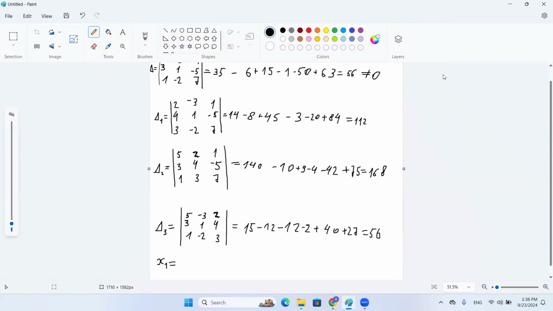So do you see all determinant values? Yes, I lose them. Okay, let me just circle them, just not to lose.